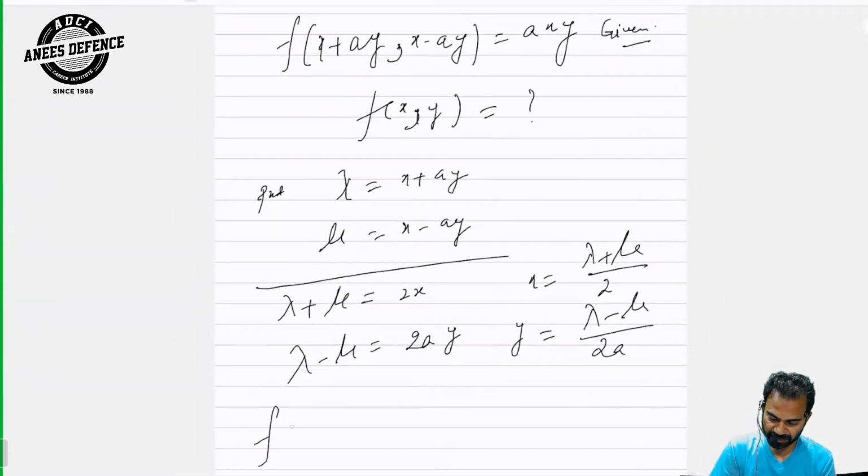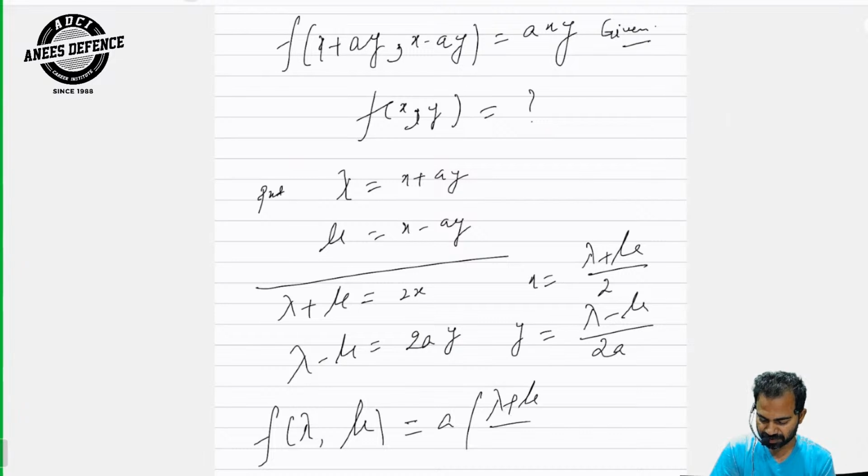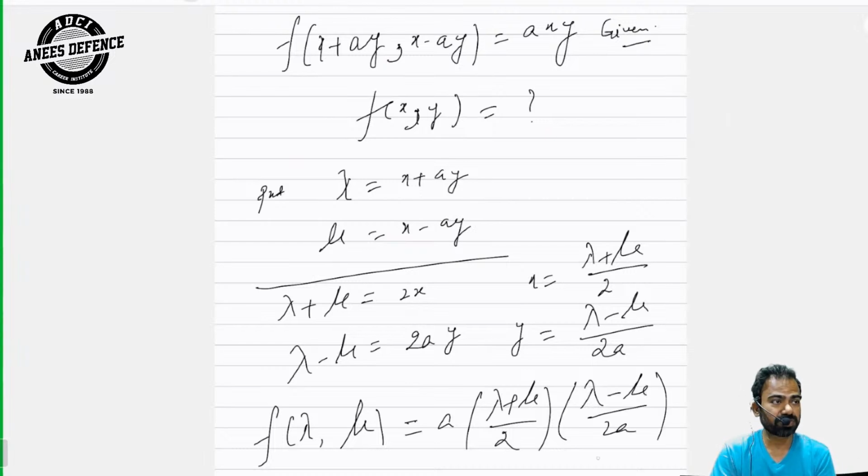Now in place of x plus ay I will put lambda. In place of x minus ay I put mu. In place of x I will put lambda plus mu upon 2. In place of y I will put lambda minus mu upon 2a. Have you understood this? Any problem?